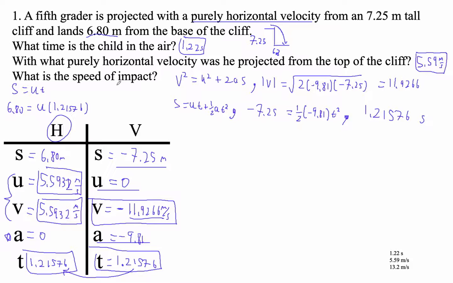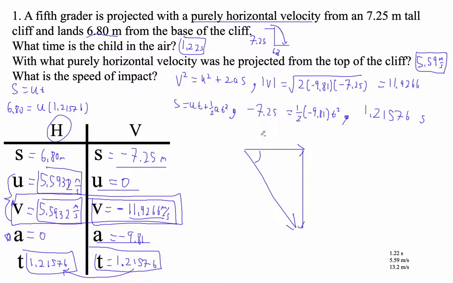Speed of impact. Okay, so the speed of impact is basically the magnitude of your velocity vector. So look at this final velocity here. Don't look at the displacement, look at the velocity. So we're going to go over, and down. This is the hardest one of all, so don't forget to make that an arrow. Let's find the magnitude and the angle.